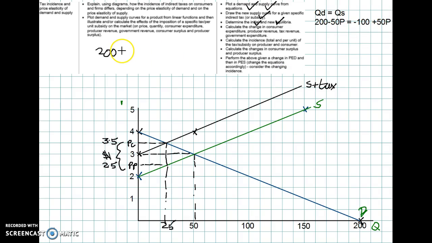So 200 minus 50 times 3.5 for the customer price gives us 200 minus 175, which gives us 25.